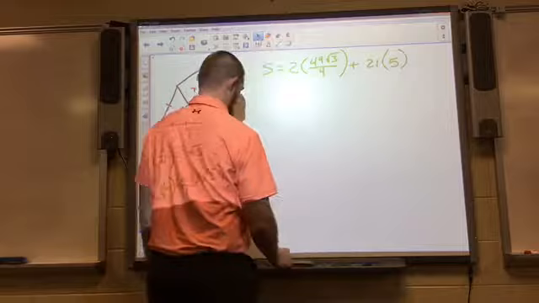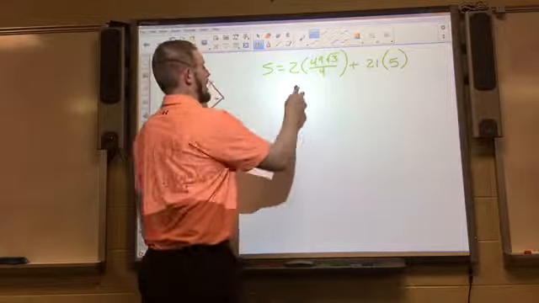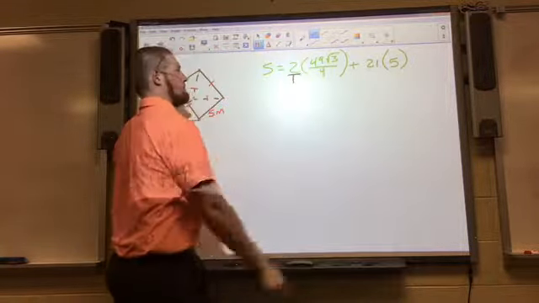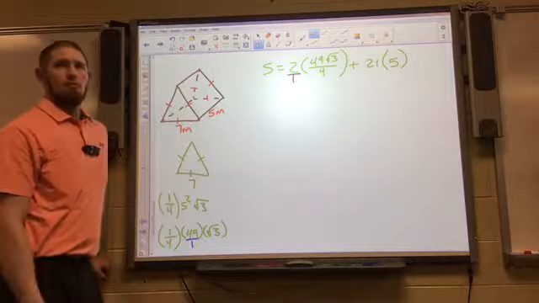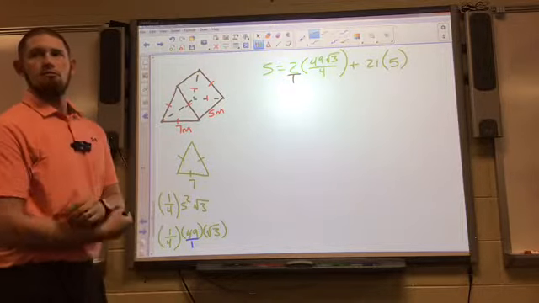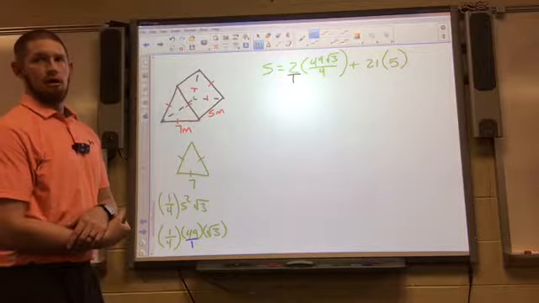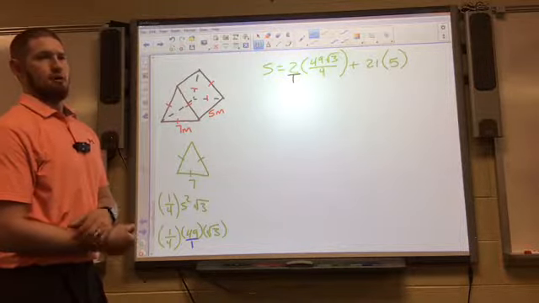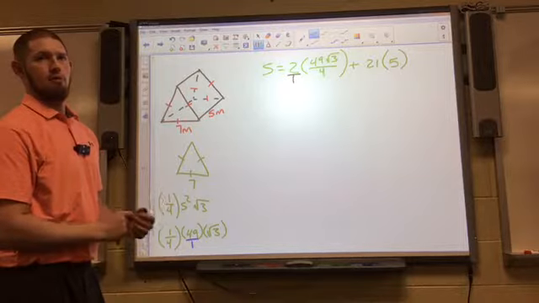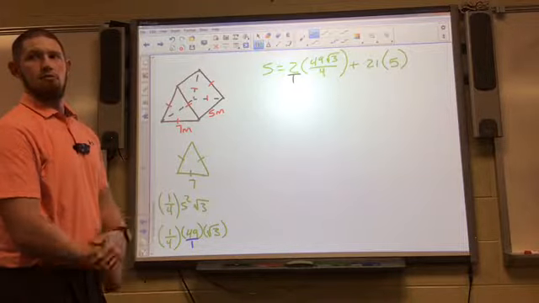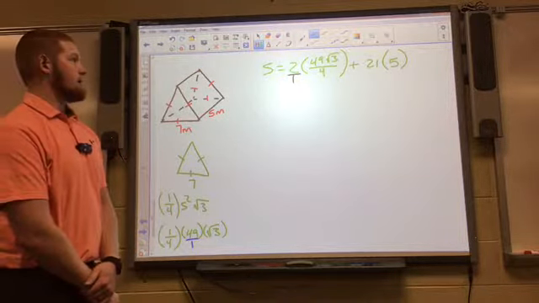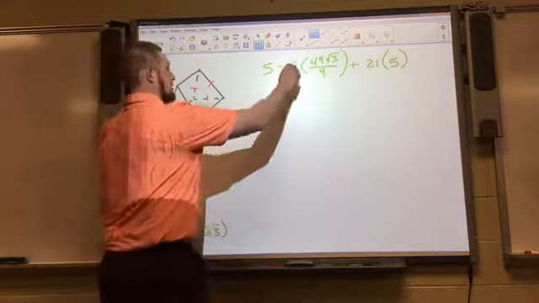Now, how do I multiply these two together? Could I take 49 times 2 and get 98? Yes. What can I do to make that easier, though? How about I cross-reduce?